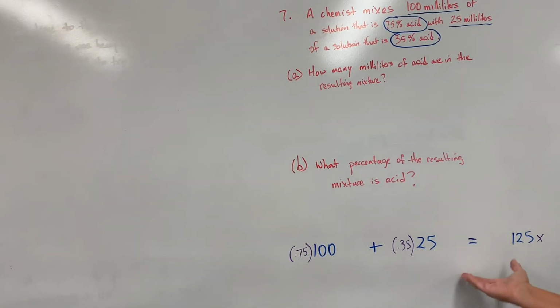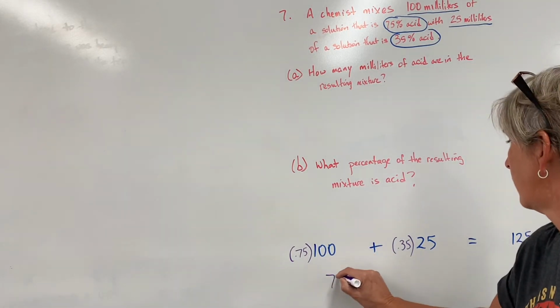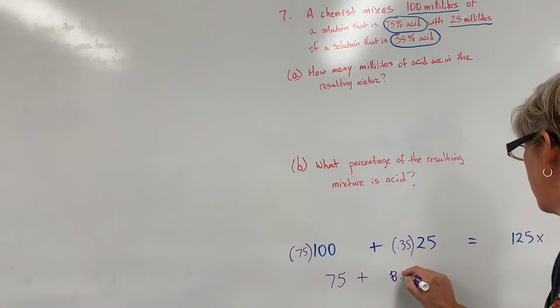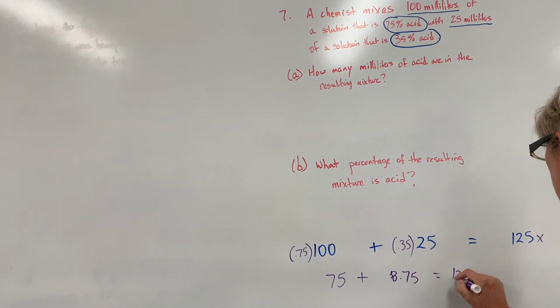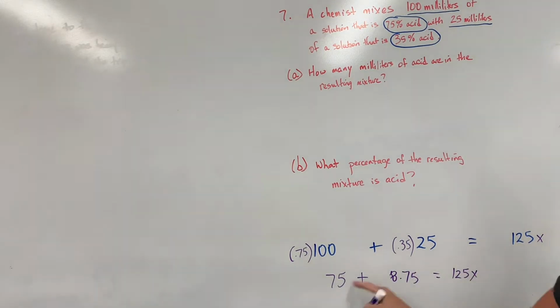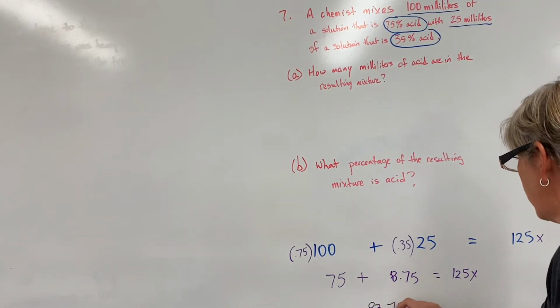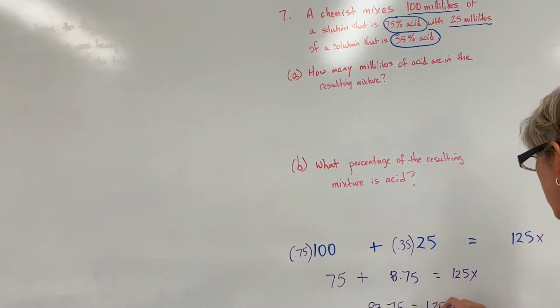So now I just need to solve this. 0.75 times 100 is 75, plus 0.35 times 25, I'm going to do on my calculator, and I get 8.75 equals 125x. So 75 plus 8.75 is 83.75 equals 125x.